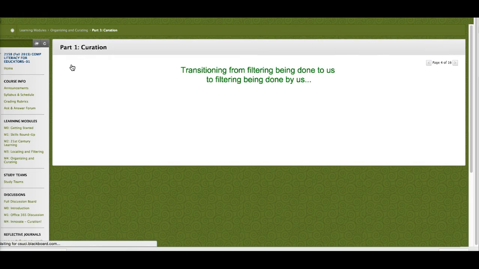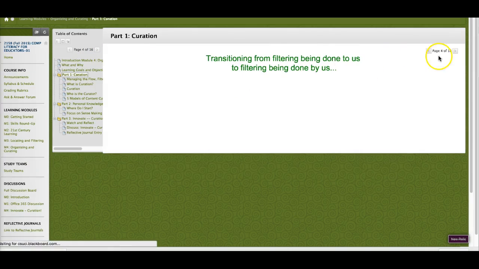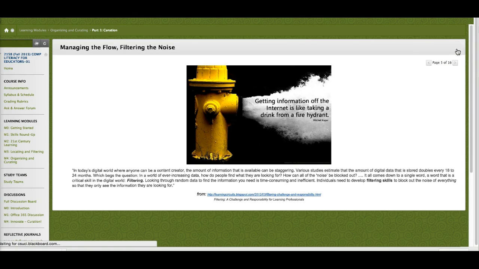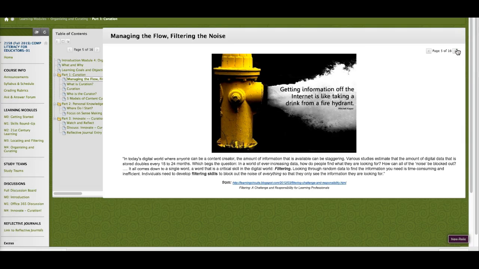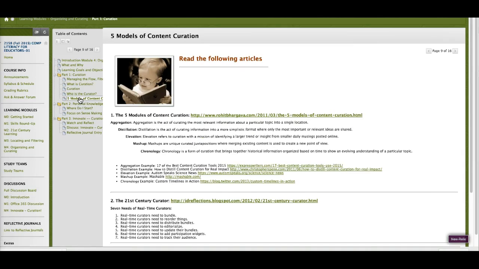The first section looks at curation, and what you're going to do is look at how to manage flow and what curation is and how that can help us with information overload. You're going to go through a few things about what is curation, and at the end of part 1 there are 3 different articles that you're going to need to read.